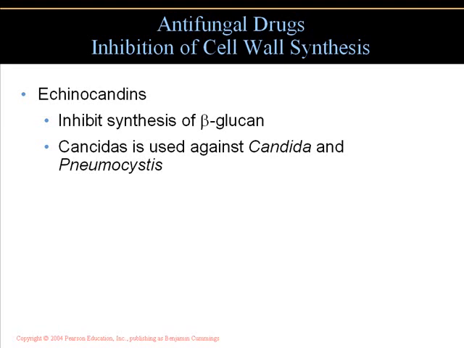You also can see it used in the treatment of Pneumocystis carinii, which is a pneumonia that affects patients diagnosed with human immunodeficiency virus. Because the immune system has been compromised, these opportunistic infections can grow, particularly fungal infections. Pneumocystis carinii is one that is particularly aggressive in the lungs.